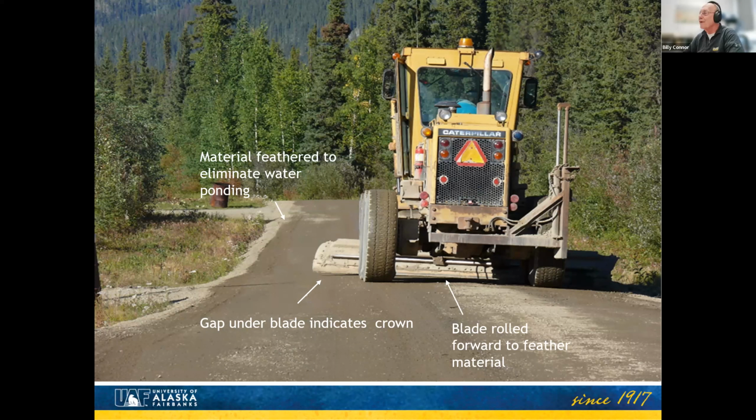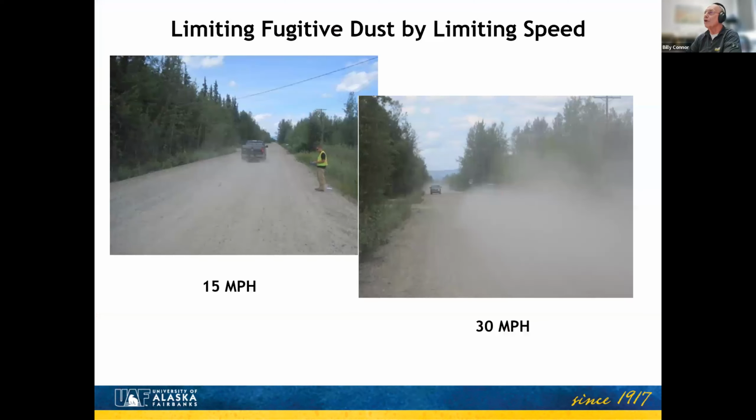We're trying to find some good instructors for you, but look at the end of the blade, and you should see a gap at center line, and that's a good indication of a crown. If you don't have that, you don't have a crown, and you're going to be causing yourself some problems. So what we want to do is make sure we construct our road.